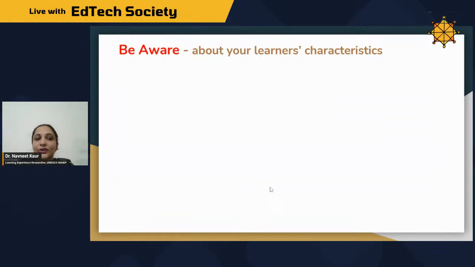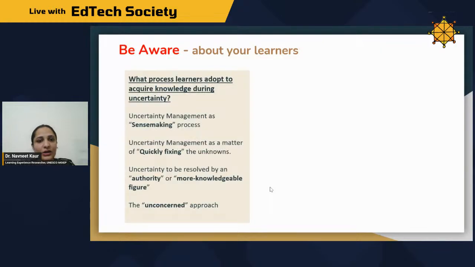Then second is that you need to be aware of your learners' characteristics. We did talk about how learners have different tendencies towards, and views about, how to acquire knowledge. So as a teacher, you are in the best position to pay attention to how your learners are in their daily interactions inside the classroom. How are they approaching this knowledge acquisition in a classroom? Are they always trying to make sense and very curious about learning?